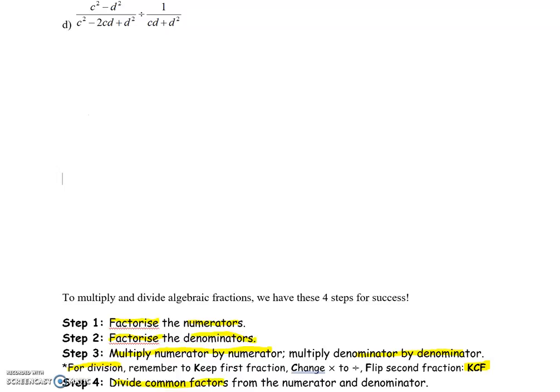For the first fraction, the numerator is c squared minus d squared. We notice that we can actually use the third algebraic identity to factorize this.